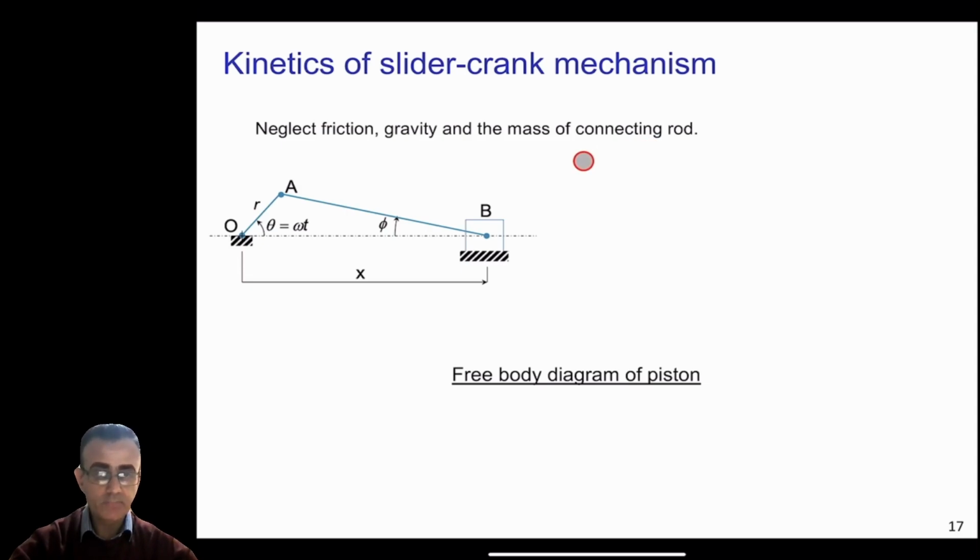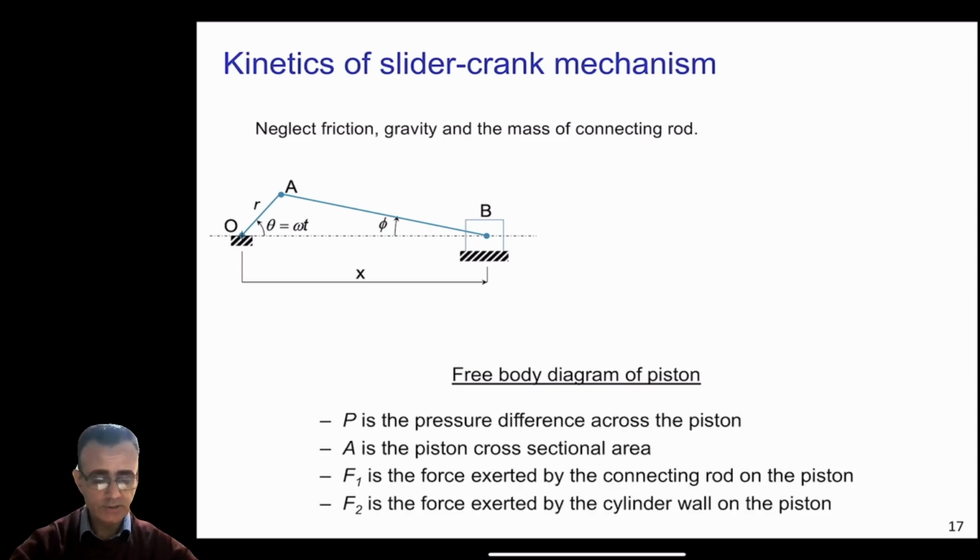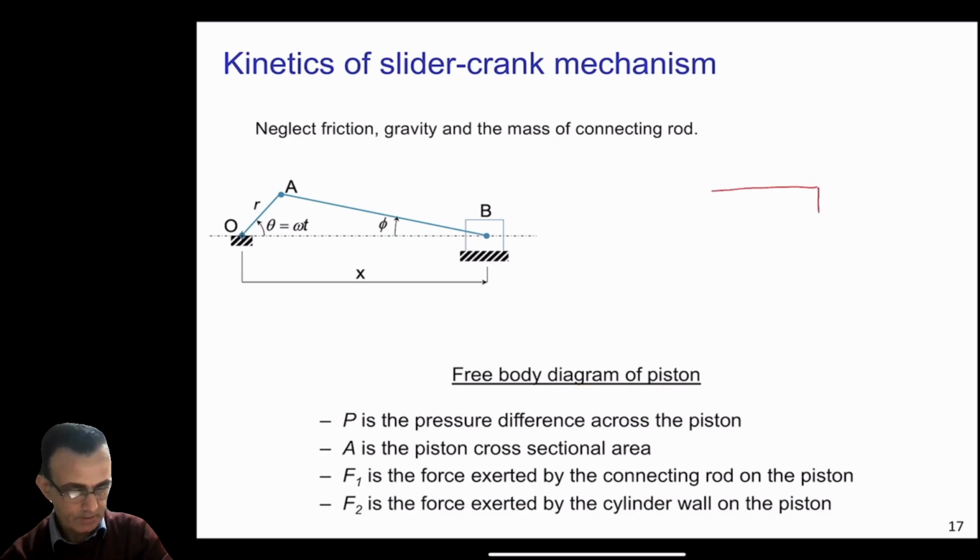So for this case, if you want to draw the free body diagram for the piston part here, which will be something like this, if you consider this piston here.